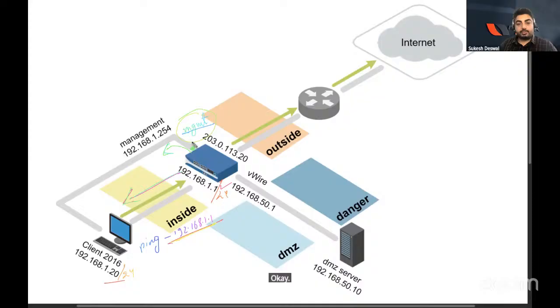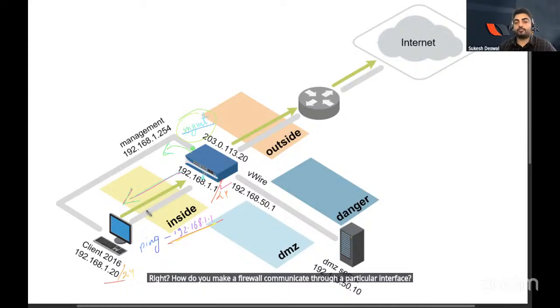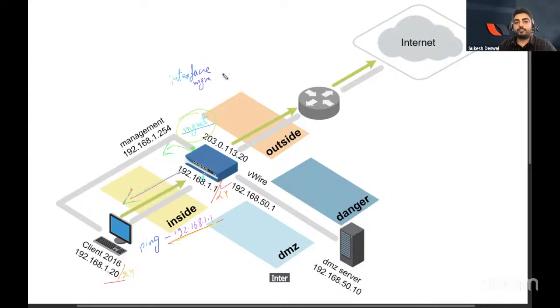Okay, that is that. And how do we make this happen if it is not working? How do you make a firewall communicate through a particular interface, or let any other IP on the network communicate with the firewall? It is with the interface management profile. Now do not get overwhelmed.